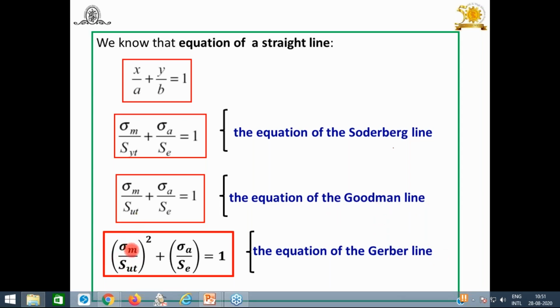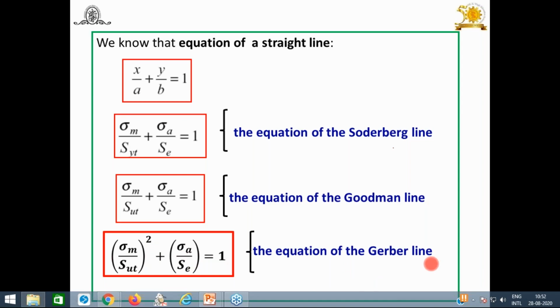That's why x means sigma m upon the intercept Sut, bracket square, plus y means sigma a upon the intercept Se. Here, don't use the square. You know the equation of a parabolic curve, that is (x by a) whole square plus y by b is equal to 1. That is, (sigma m by Sut) whole square plus sigma a by Se is equal to 1. This is the equation of the Gerber line.